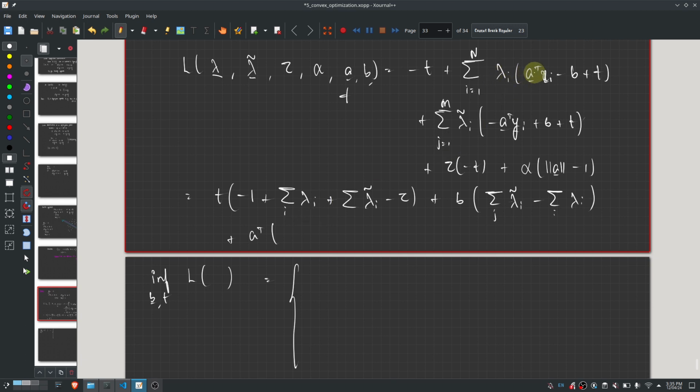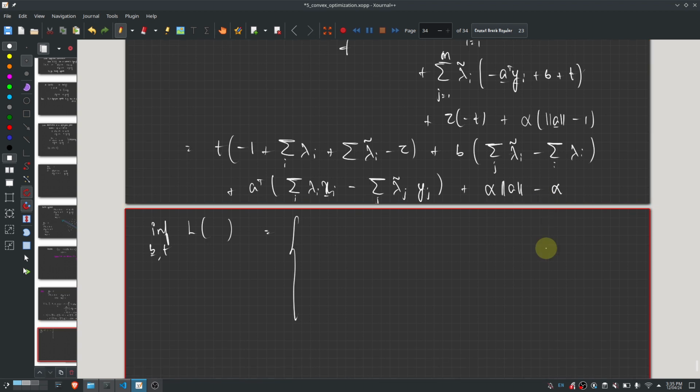I can write this as A transpose times summation over I lambda I xi minus summation over J lambda J tilde yj, plus alpha times norm of A minus alpha. Correct? Okay, good.